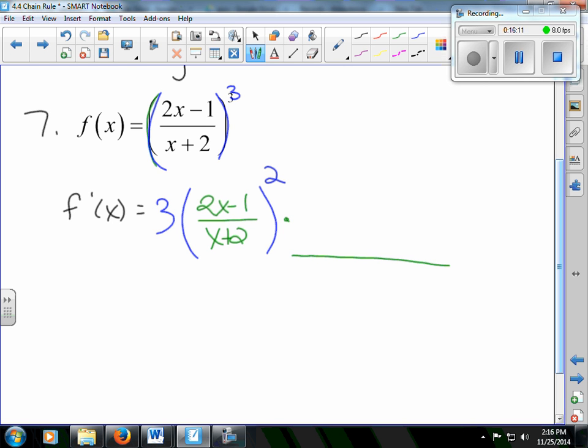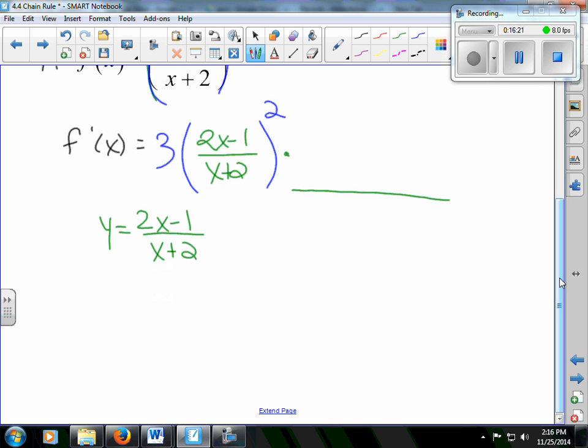And so on the inside, I'm going to do some side work here and label my inside as y. And I'm going to pretend like I am from last week, and I am doing the derivative of this equation here, this y function. So I'm going to label the top as f and the bottom as g, and do the derivative of the top and the derivative of the bottom.